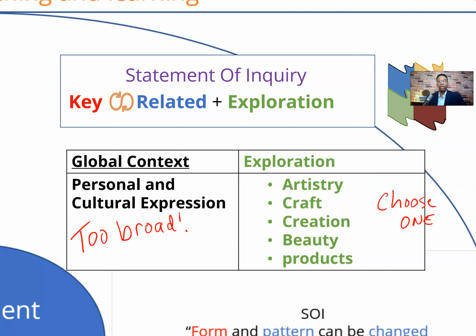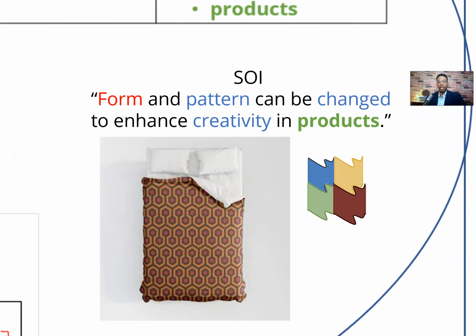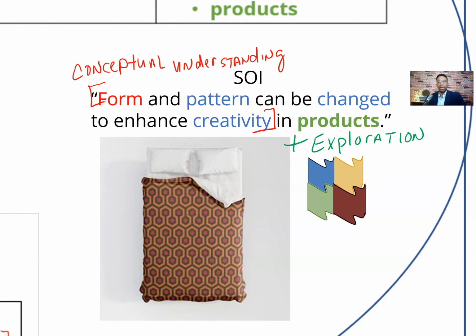I'm not going to explore my conceptual understanding through the global context of personal and cultural expression. I'm going to narrow it down to one of these explorations, and I chose products. So here's my SOI. Form and pattern can be changed to enhance creativity in products. There's my conceptual understanding, and I'm going to explore that through the idea or exploration of products.